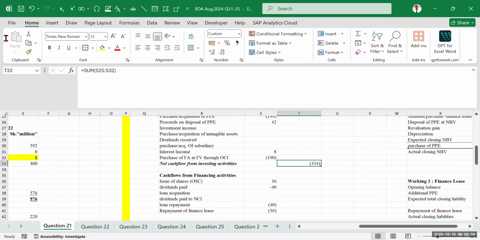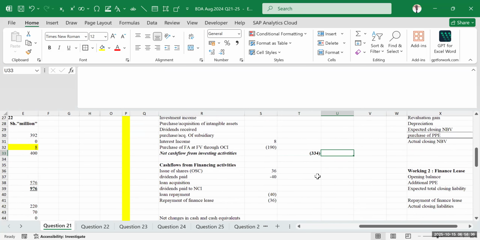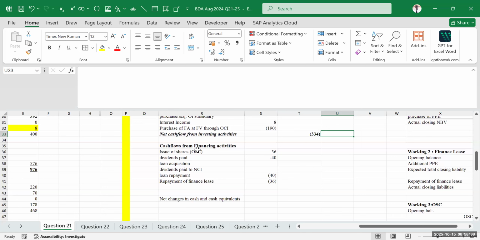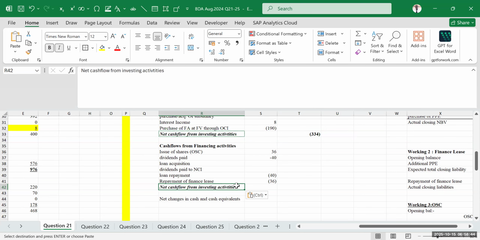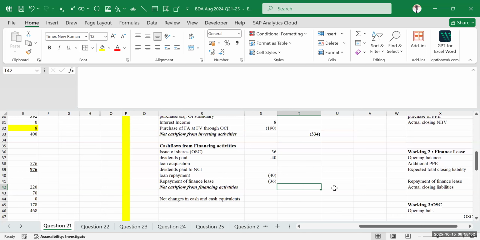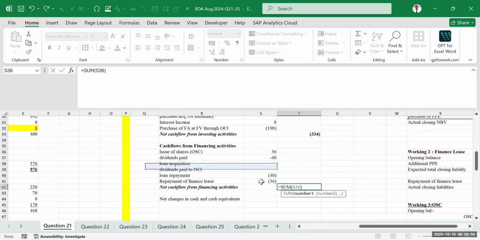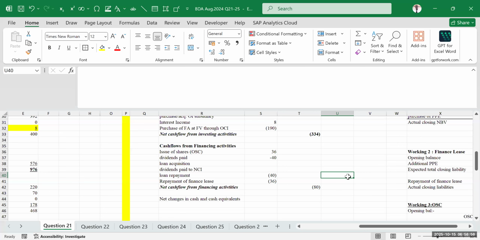Let me put it in bold. Then I go to financing, which we've just done. And let me also bring on board this here. And in financing, let me just retype this. Financing activities. In financing again, I do the same. I see I have negative 80 there from financing.